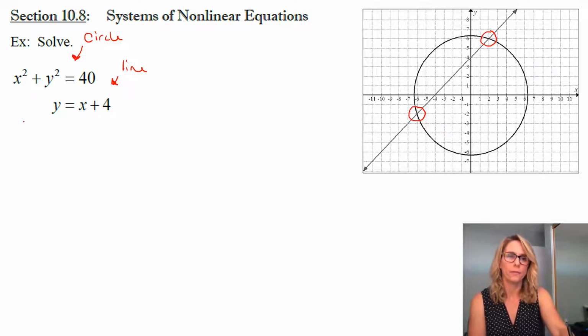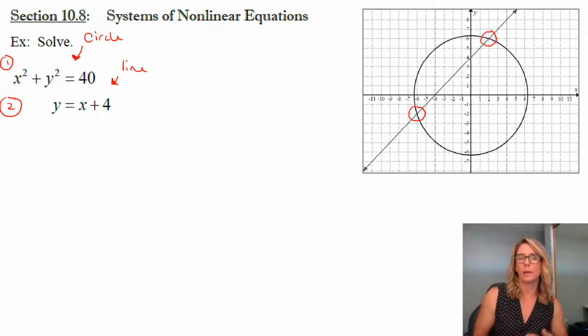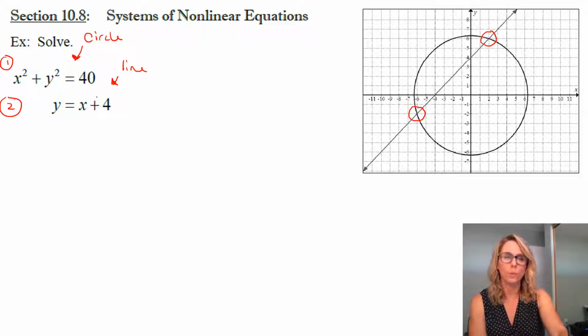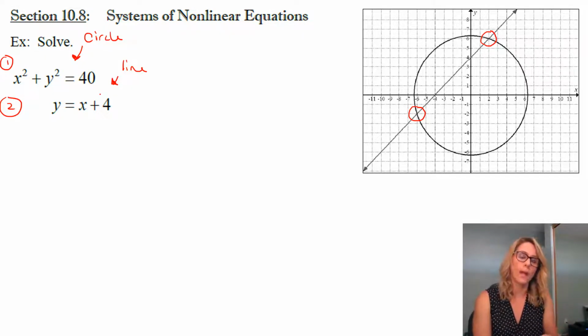So we have equation number 1 here, and we have equation number 2, and we're still following the same idea. We can use substitution, we could use elimination. Either one will give us, in the end, the correct answer. So with this one, substitution works well, and that's because we have one of the equations already solved for one variable.